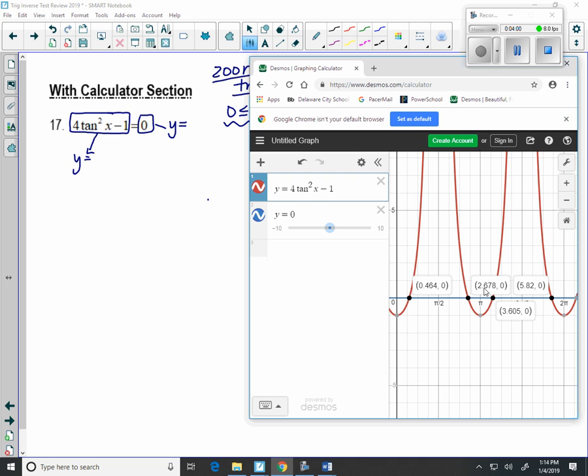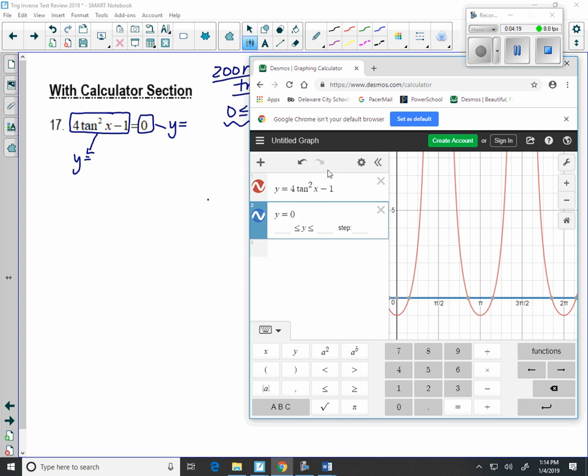The next one is 2.678, then 3.605, and 5.82. All of those y values are 0, again, because we were looking for the intersection with 0. That would be different if we had a different value here. If we were trying to find where we're equal to 2, then we would capture these values instead. But we're doing where we're equal to 0.